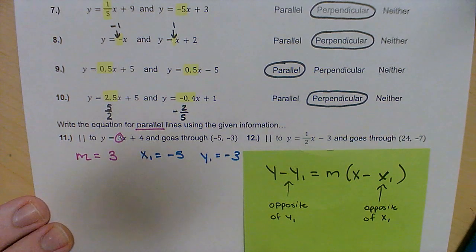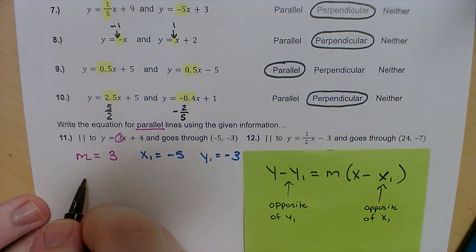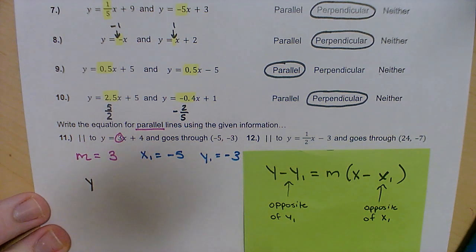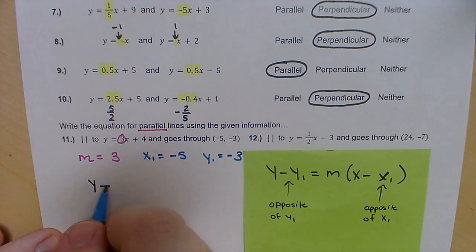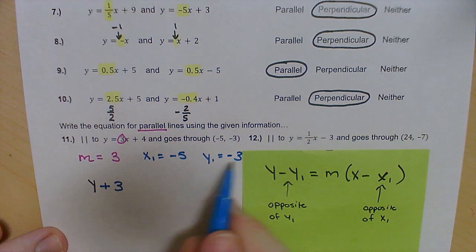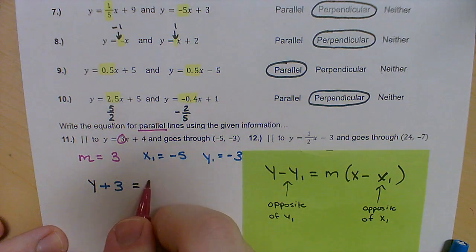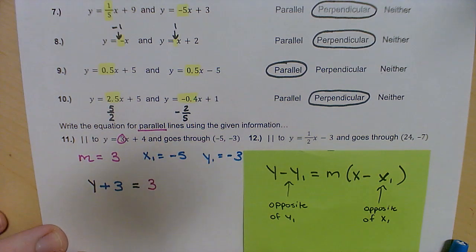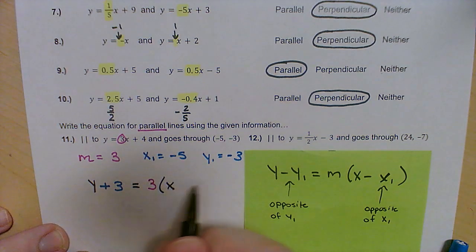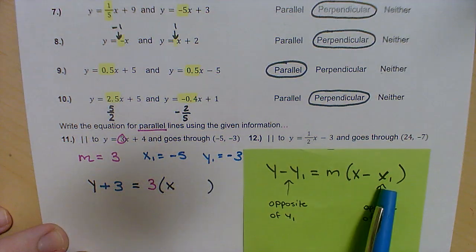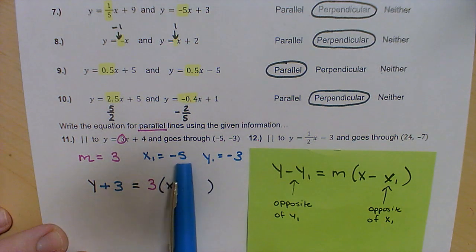Okay? So I'm going to set up point slope form as y plus 3. Remember, you do y and the opposite of the y-coordinate. Equals the slope 3 times x, and then the opposite of the x coordinate would be x plus 5.